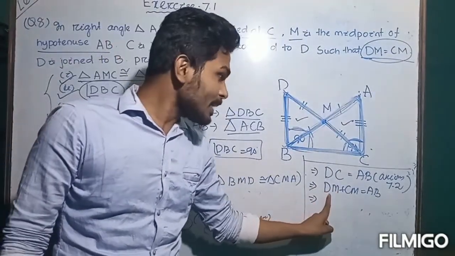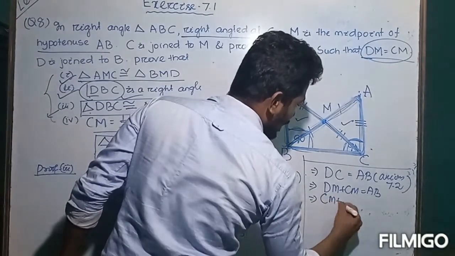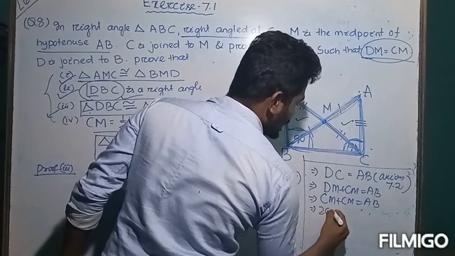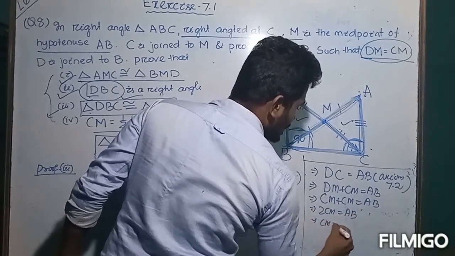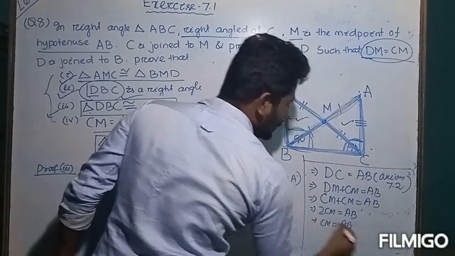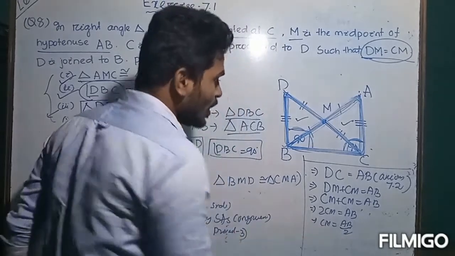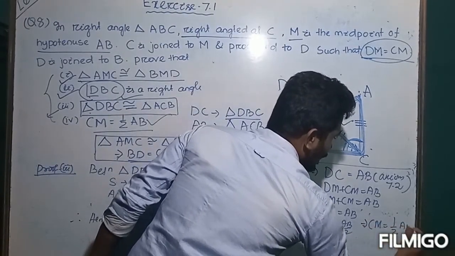So in the place of DM we can substitute CM. So CM plus CM is equal to AB. 2CM is equal to AB. 2 moves to the right hand side, it will be divided. So CM is equal to AB by 2, or CM is equal to half AB.